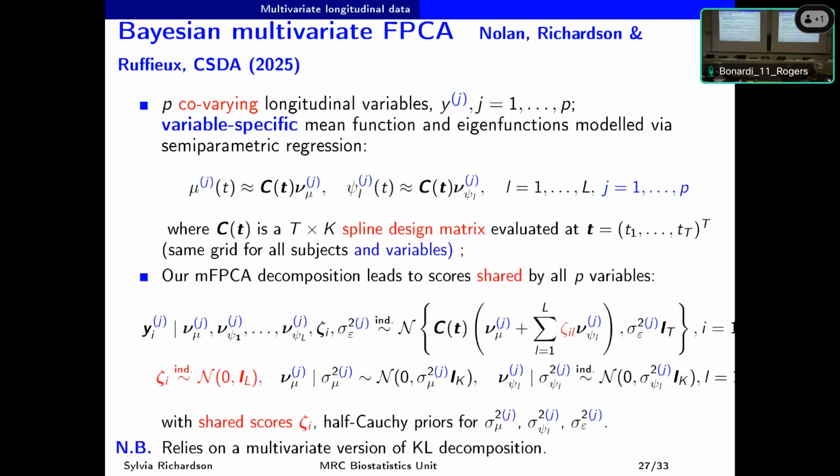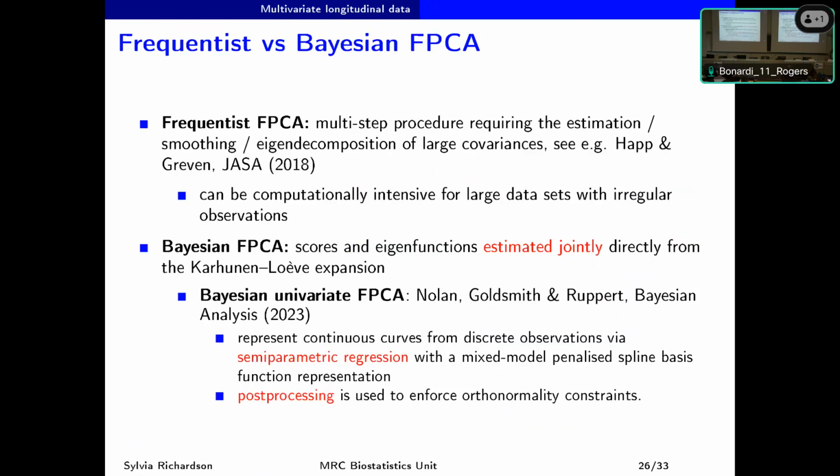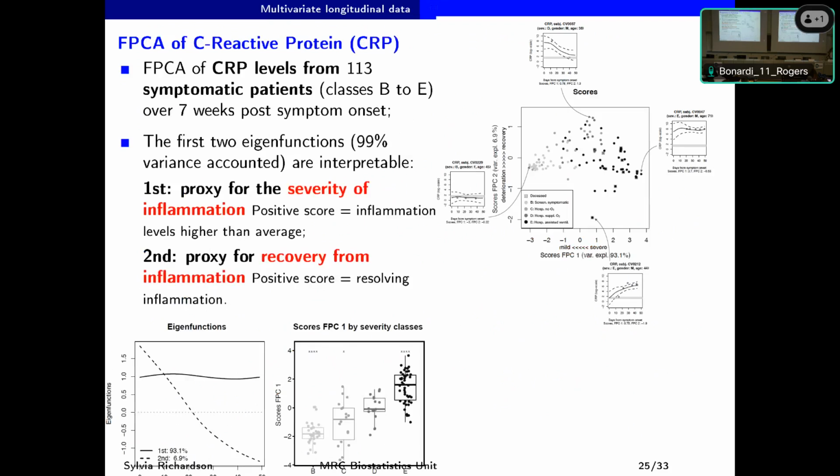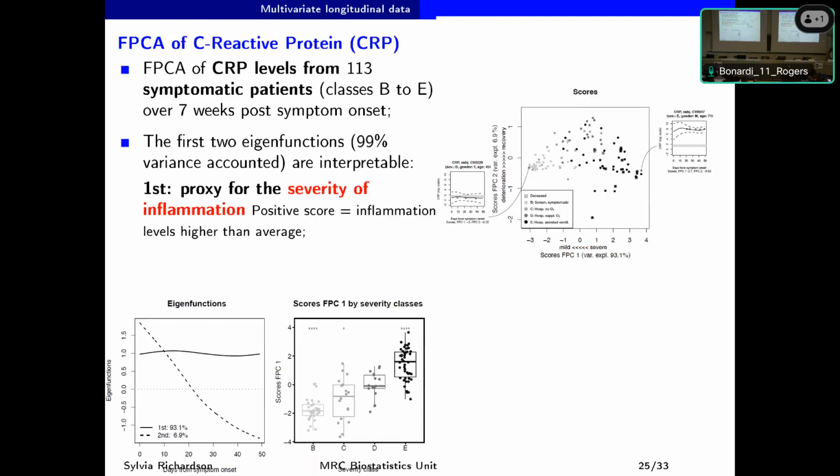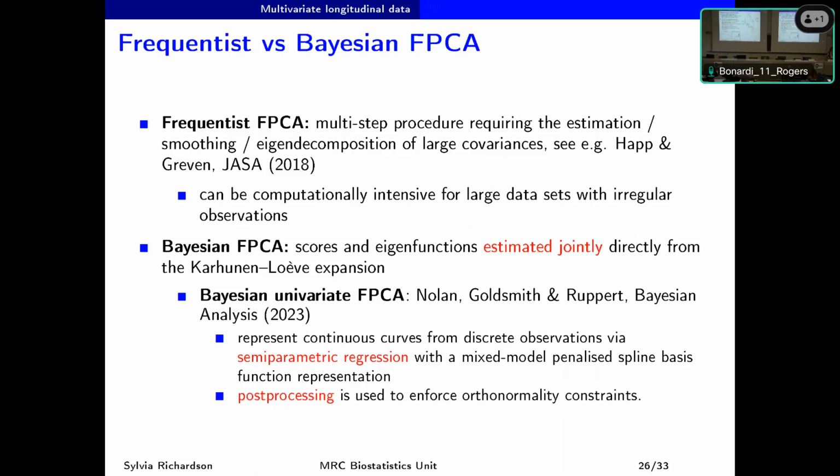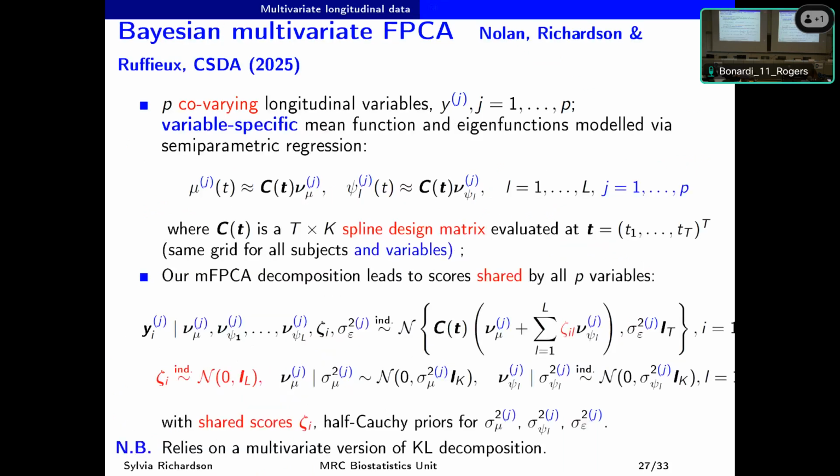So again, this is a horrible notation, but now I want to use several tracks together, whereas before I was just with one track. So I've got several longitudinal data, covarying longitudinal variables, and I'm looking at a set of them.